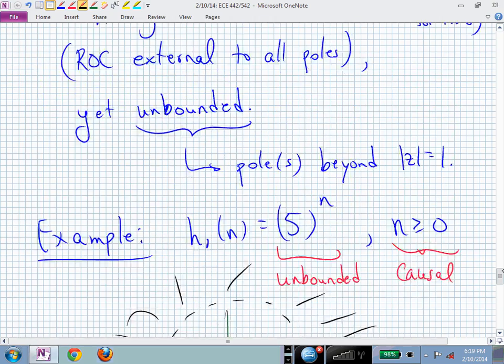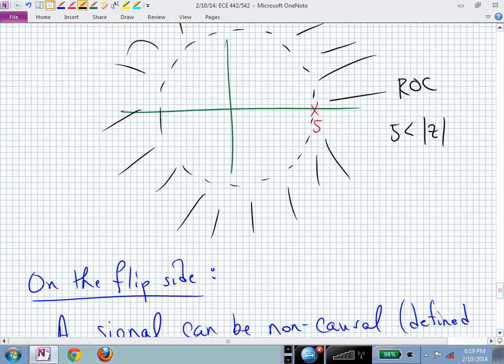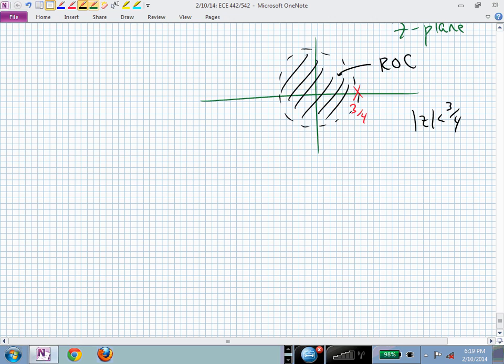These two examples that we just worked through showed that we could have a causal unbounded and we could have a non-causal unbounded, but the other two cases are also possible. Which are what?